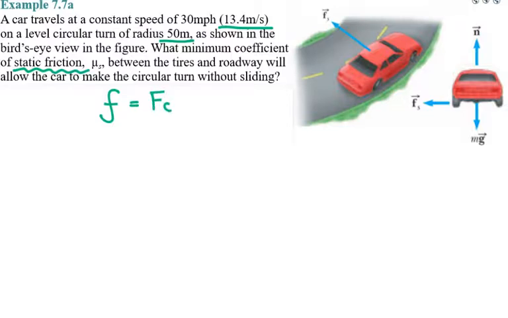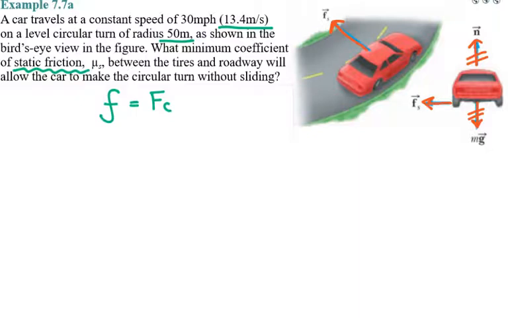So here I see the force of friction toward the center. And if this is the force of friction toward the center, you have the normal force acting on the car, and you have the force of gravity. Because the car is not accelerating up and down, your force of gravity is equal to the normal force.